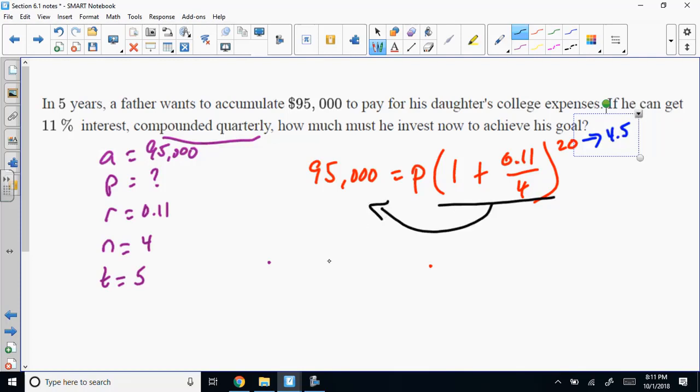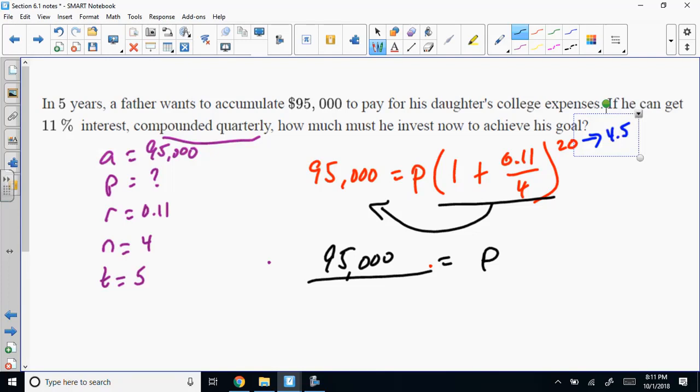It's 95,000 divided by, let's get what this is going to be, 0.11 divided by 4 plus 1, raised to the 20th.